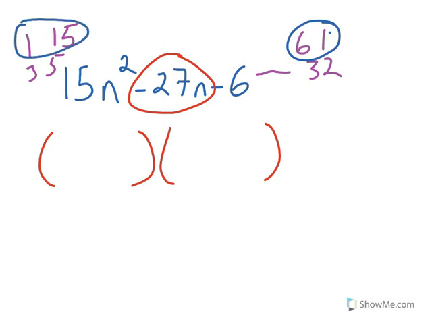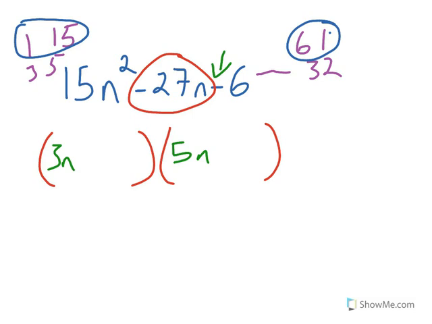So I'm going to try to use 3 and 5 and 6 and 1, and we're just going to see if it works. So 3n in and 5n in. Then I'm going to plug 6 and 1 in. And in my head, before I plug it in, because this is a minus sign, I'm going to be subtracting, which means I need to get above 27.